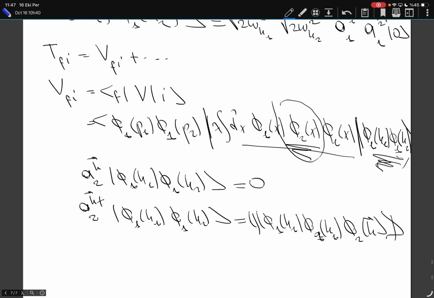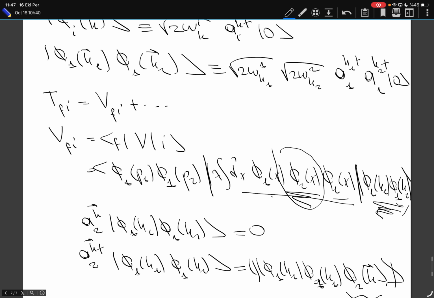But now this state contains a phi 2 particle. So whatever the other phi 1 operator does, my final state doesn't contain a phi 2 particle.